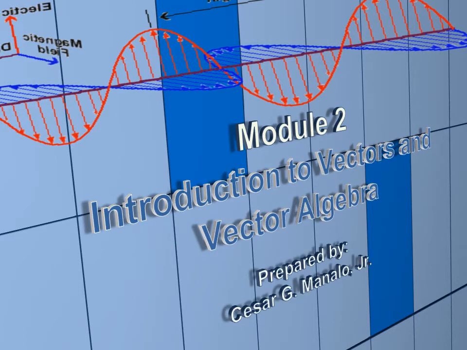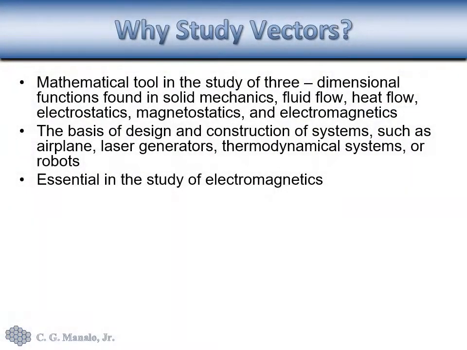In this module, we introduce you to vectors and the manipulation of vectors. So vectors are essential in the study of electromagnetics, which deals with vector quantities. We are used to dealing with non-vector quantities called scalar quantities, but there are a lot of quantities that are vector in nature.